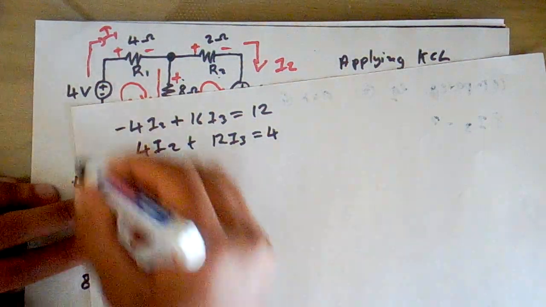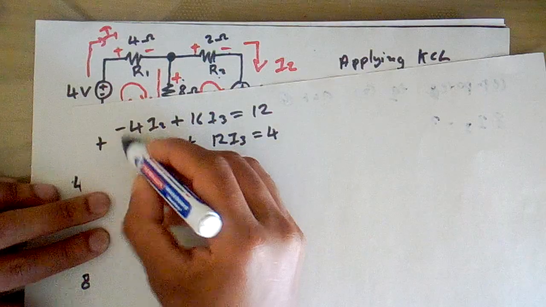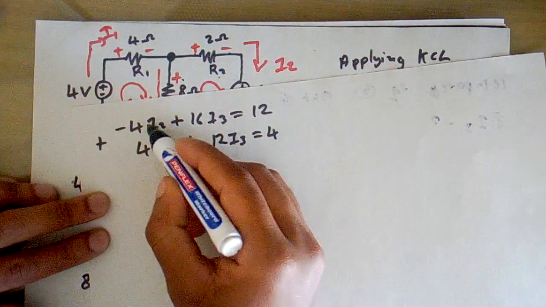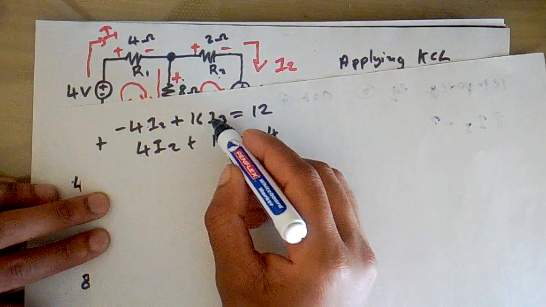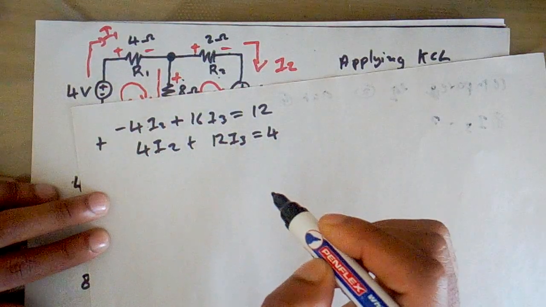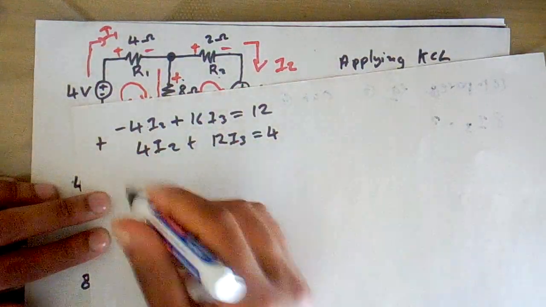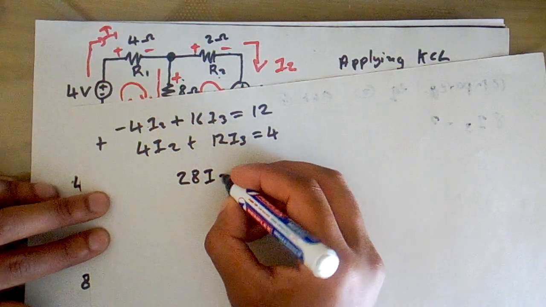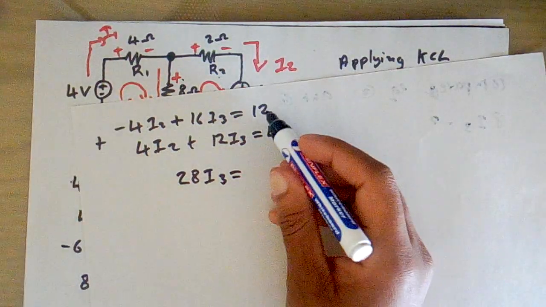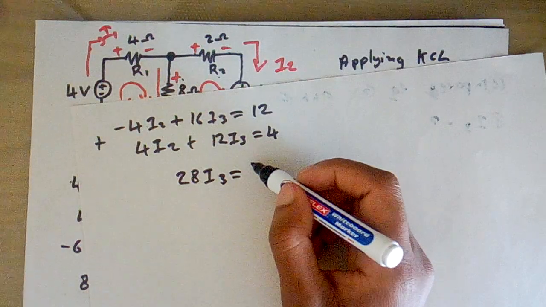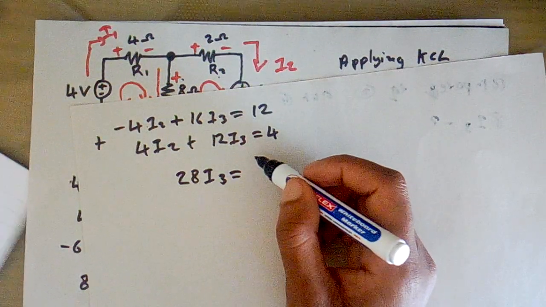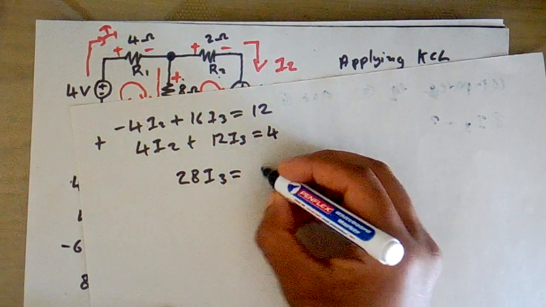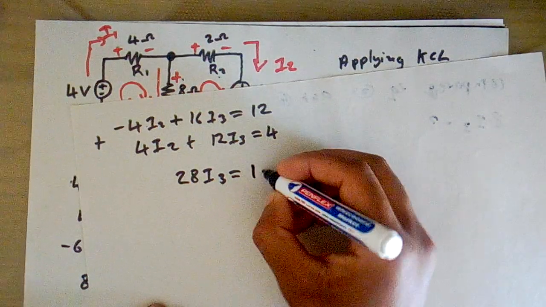So when you add these two equations, the I2 terms become 0, and 16 plus 12 gives us 28 I3 equals 16, since 12 plus 4 is 16.